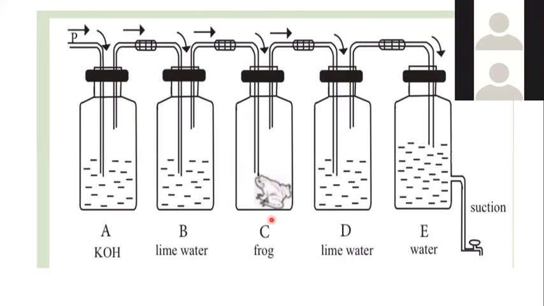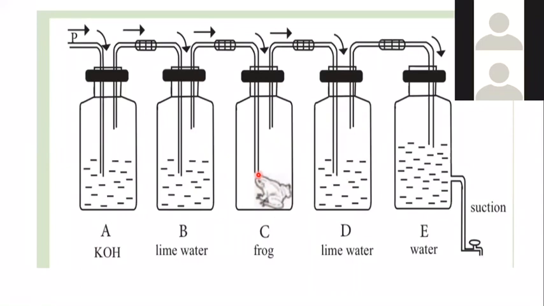So if you are asked to form a setup as a control experiment, what you have to do is make a similar setup, but without the frog. You have to remove the frog. Control experiment means all other factors, potassium hydroxide, lime water, and everything is there. All the setup is provided, but the variable factor, the frog, is not there.